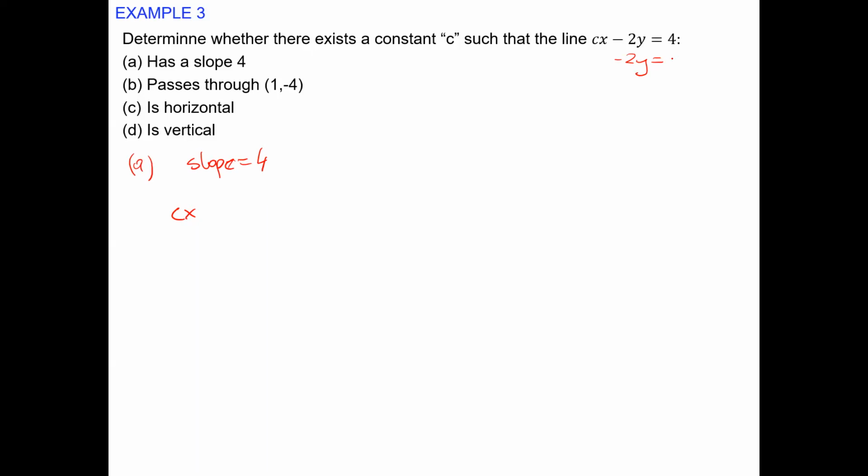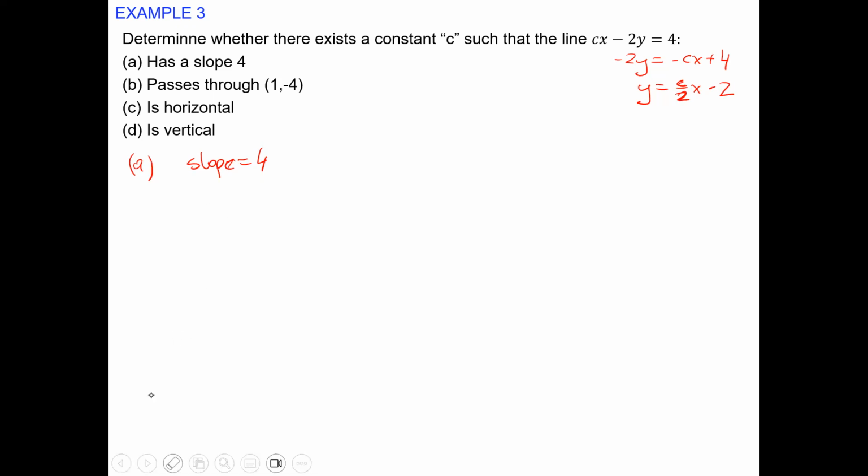I will isolate y, subtracting cx from both sides and dividing by -2. Negative over negative will be positive, c over 2 x, and dividing by -2, we will have 4 over -2, -2. Okay, that means it looks like c over 2 is the slope.